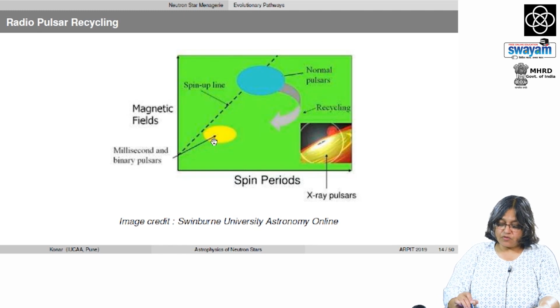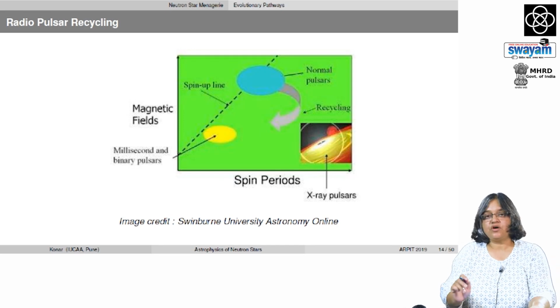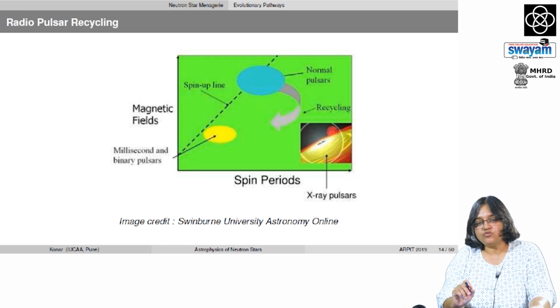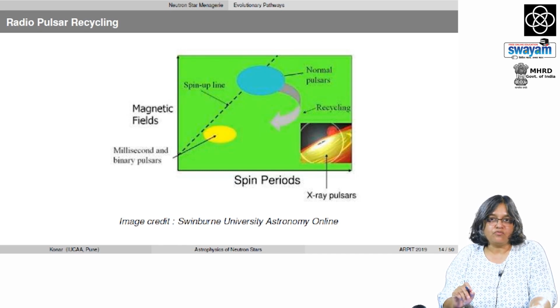In the in-between phase they would be visible as X-ray pulsars. If you recall our first slide in which we had shown a number of neutron star X-ray pulsars as members of the HMXBs, you would recall that they had very long spin periods. So, they had actually gone into the graveyard region, but because there is material accretion onto them, they are showing up as X-ray pulsars.